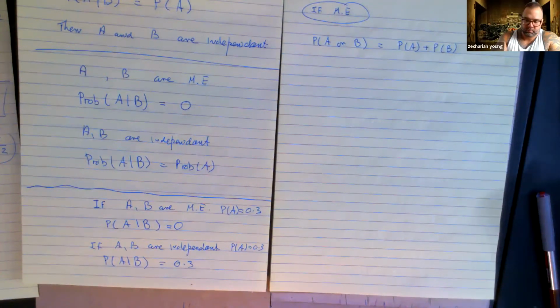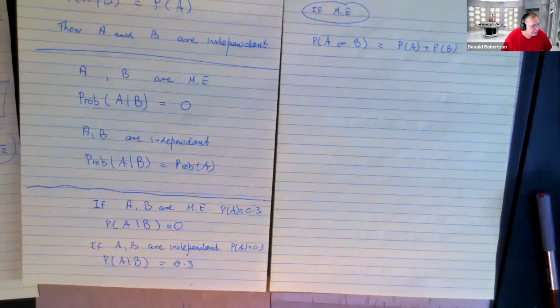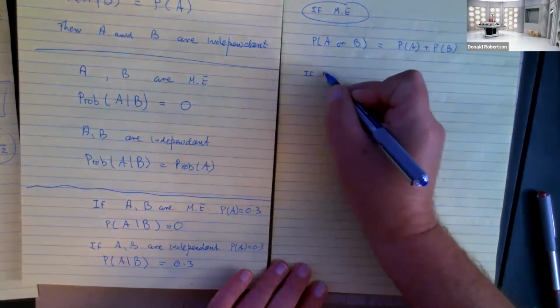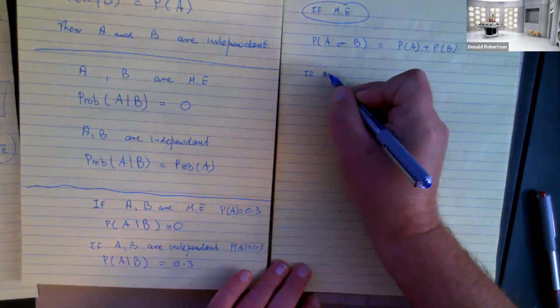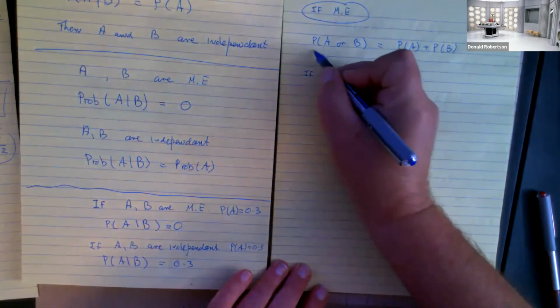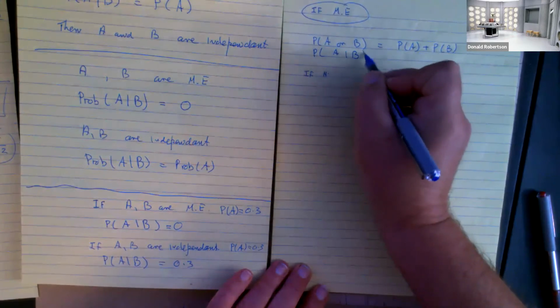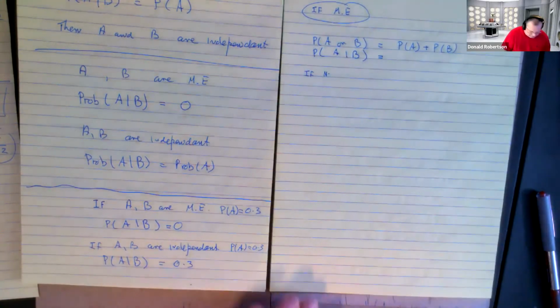So far, so good. I'm just changing some things here. Now, if you're independent, what is the probability of A given B?